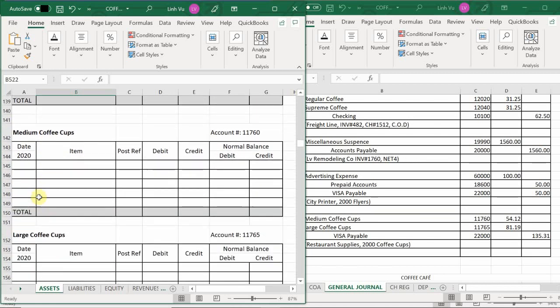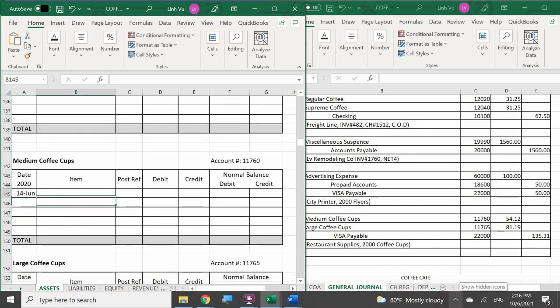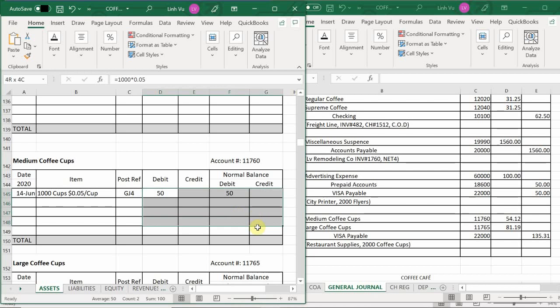So here's my medium coffee cups. 614. 2,000. They go 1,000 to 0.05. The reference is page 4, and we did it for $50.